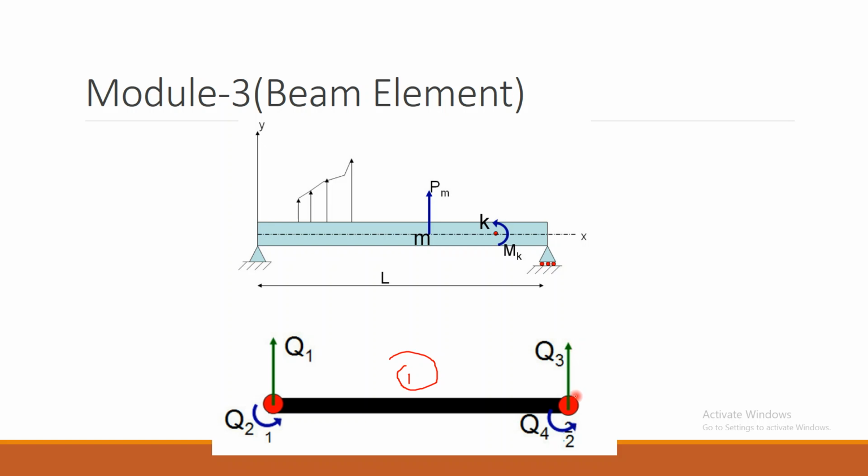One is the linear displacement in the positive direction, that is q3, and q4 is the positive angular displacement. By this, each element in the beam has 4 degrees of freedom, q1, q2, q3, q4, where 2 are linear and 2 are angular displacements. You should remember these sign conventions and the directions also.